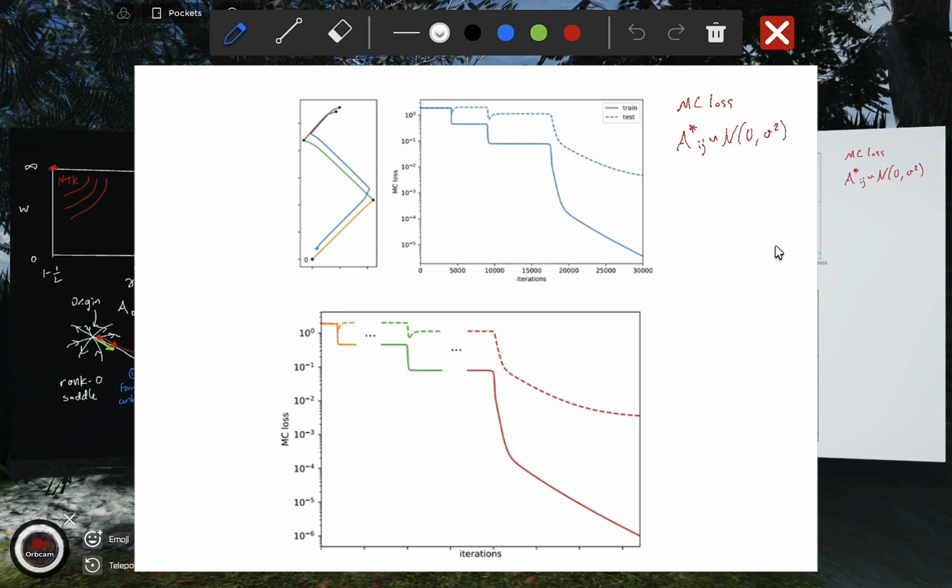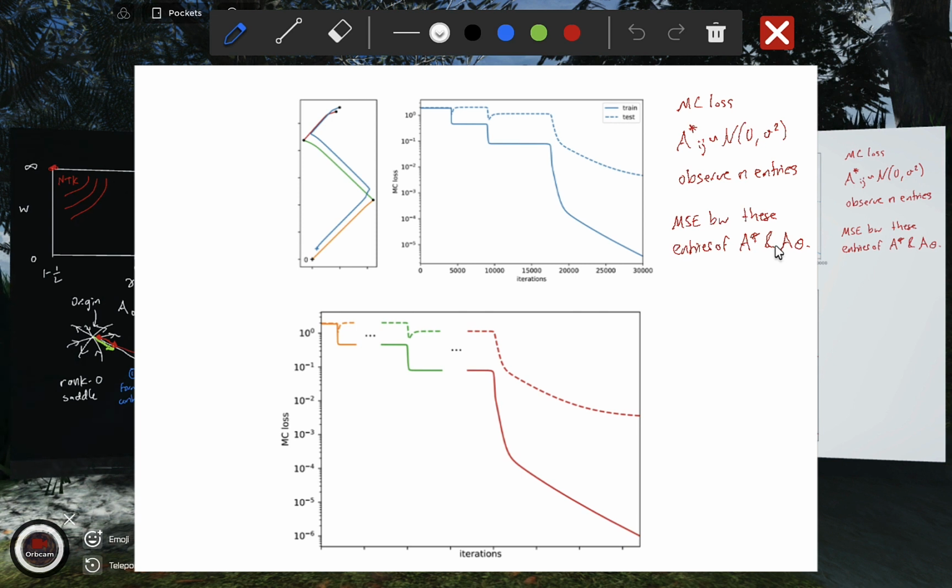Then you observe n entries, so you receive this masked snapshot of the true matrix. And you train on the MSE between these entries of A star and A theta. It's kind of weird, but yes, it works.